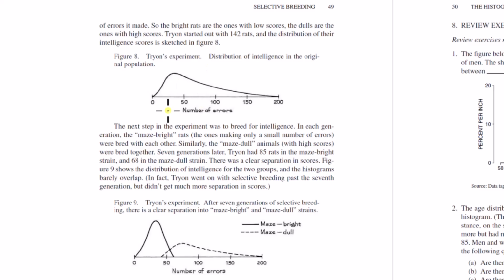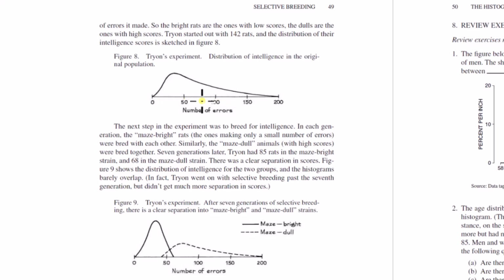Okay, so this is for the 142 rats, I'm assuming. So each rat did 19 runs, and so I guess they averaged the amount of errors made, so the errors per run on average, and this is the distribution. Each rat in the histogram is its average errors per run.